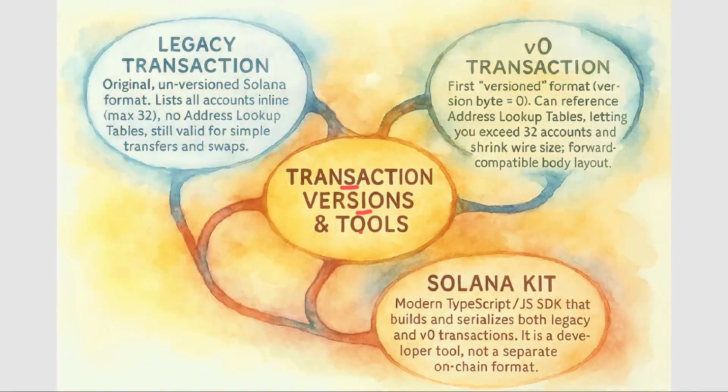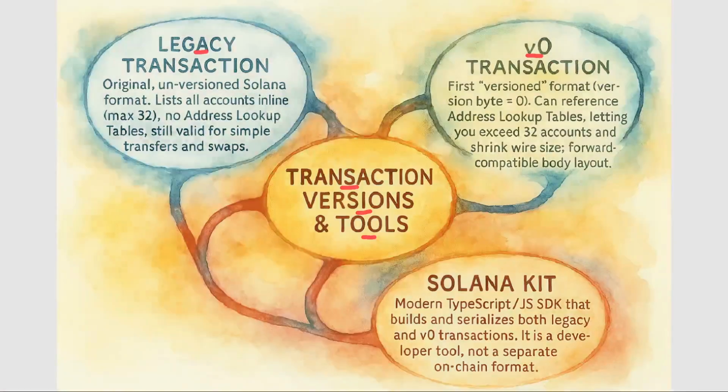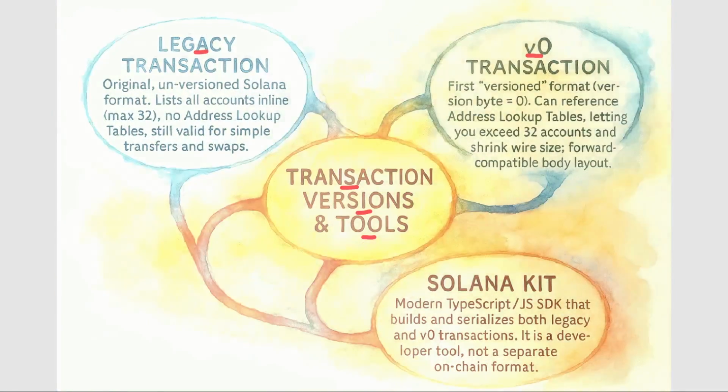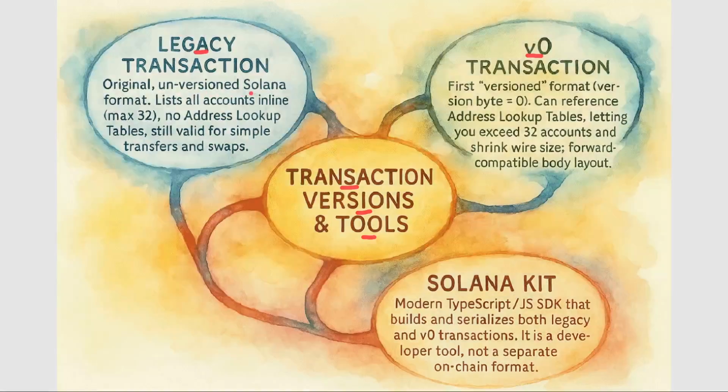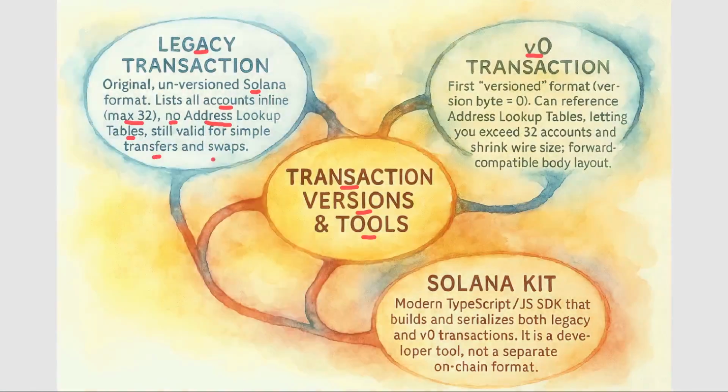Transaction versions and tools. There are two versions, the legacy version and the V0 version. So let's see what the legacy version is. It's the original unversioned Solana format that lists all accounts, max 32 accounts, no address lookup tables, still valid for simple transfers and swaps.